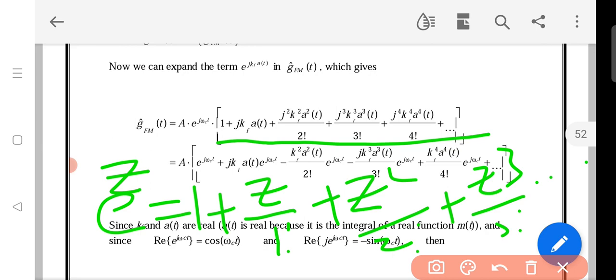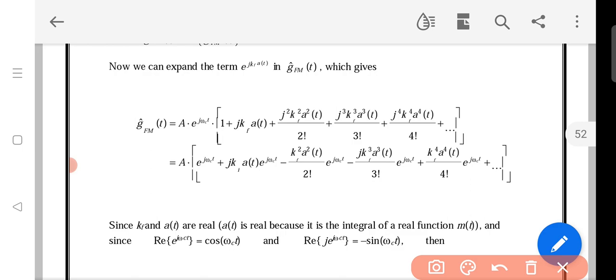This is one exponential formula. Using that formula, e power j kf a of t expands like 1 plus j kf a of t plus j square kf square a square of t by 2 factorial plus j cube kf cube a cube of t by 3 factorial and so on.